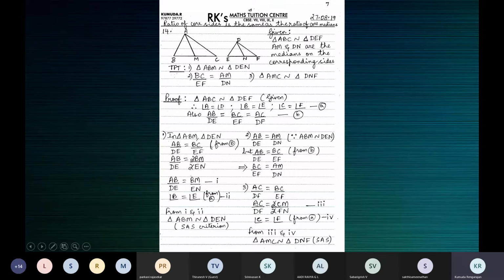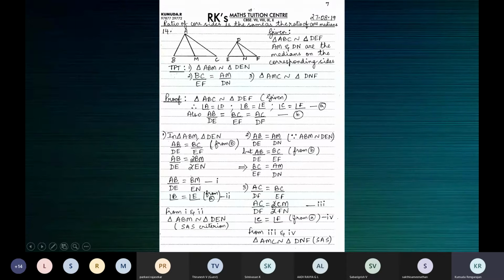So here you can see AC, CM, ACM, DF, FN, DFN. The numerators are the sides of one triangle. See here, AC, CM. The numerators will be the sides of one triangle.